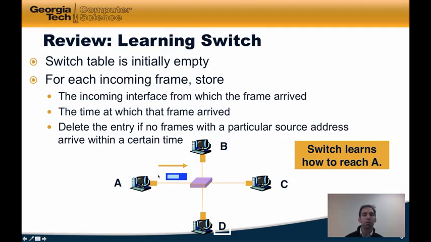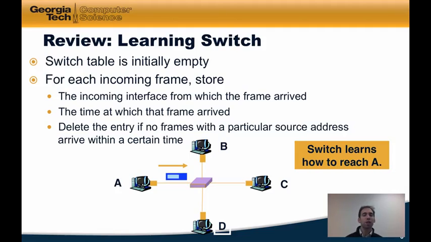For example, in the figure here, we see that a packet arrives from A. At that point, the switch can examine the source MAC address for that packet and then determine that packets that are destined for that source MAC address for A should be sent on the output port on the left side of the switch here.